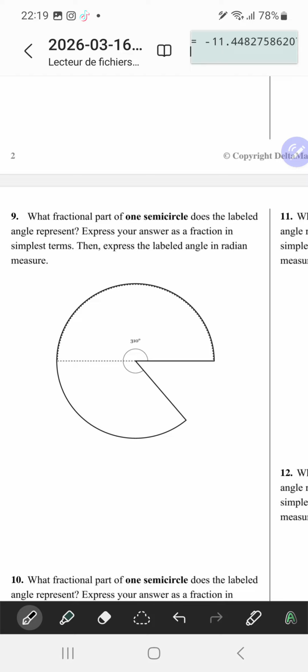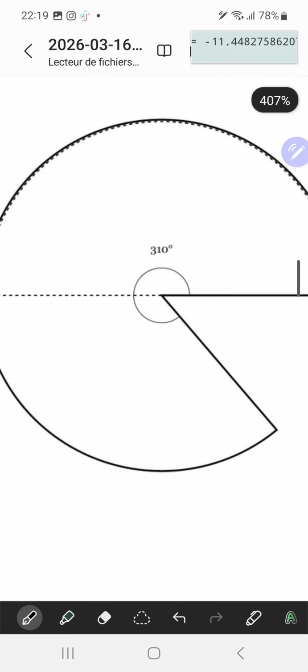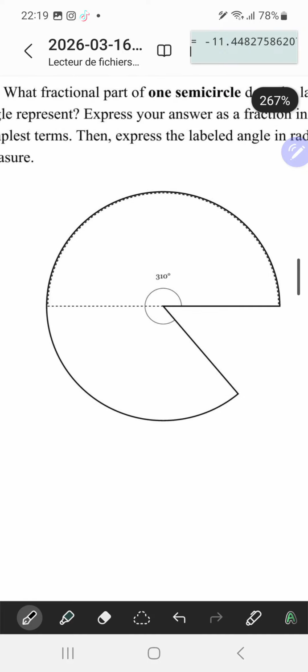So first, here what we have, all this angle is 310. So the portion of one semicircle is 180 degrees.